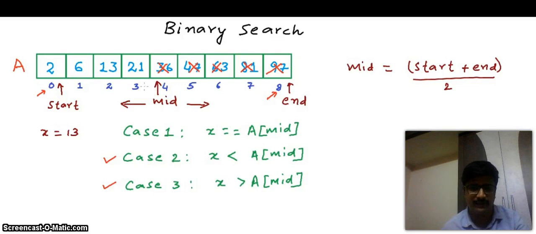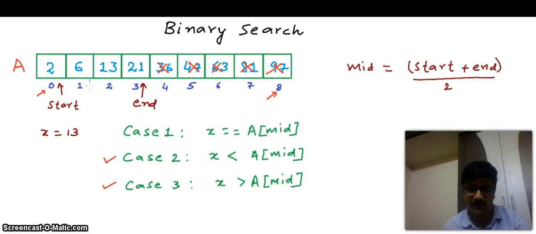So in this case, after comparing 13 with 36 and discarding half of the array, our end is now index 3, which is nothing but 1 less than the middle element.